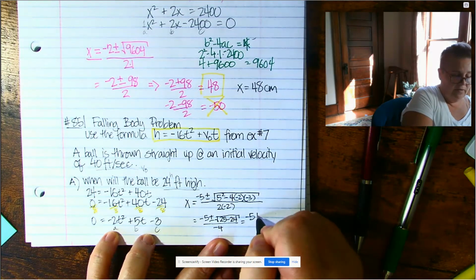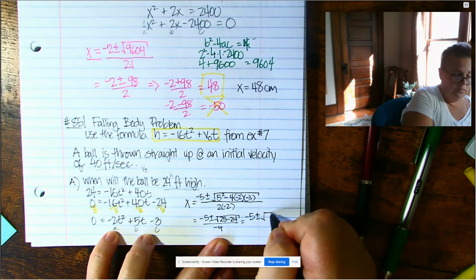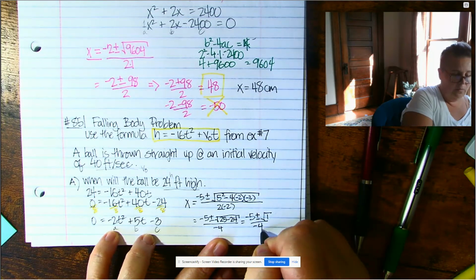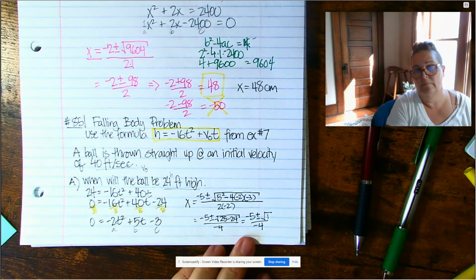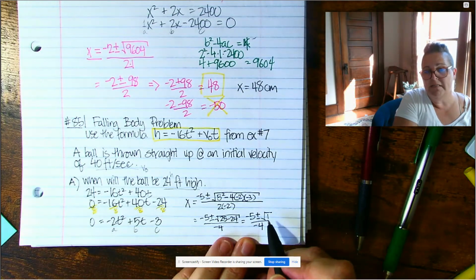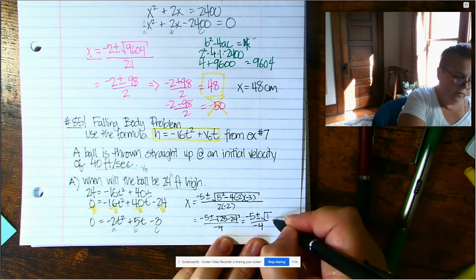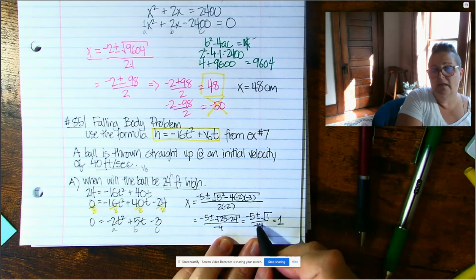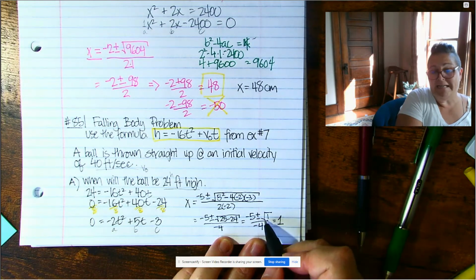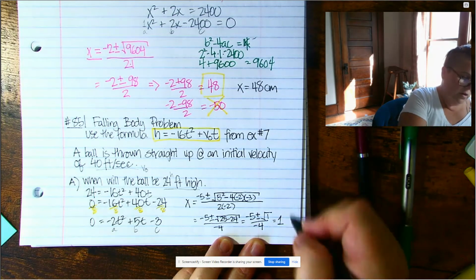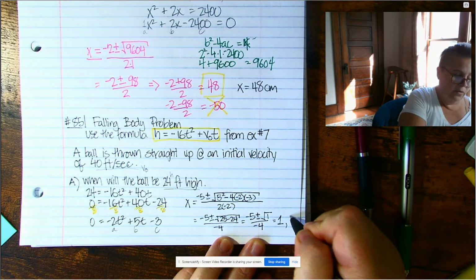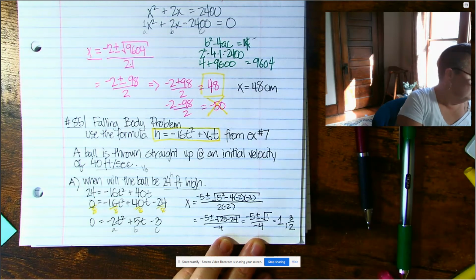So negative 5 plus or minus the square root of 1 over negative 4. Negative 5 plus 1 is negative 4 over negative 4, that's 1. And negative 5 minus 1 is negative 6 over negative 4, or 3 halves.